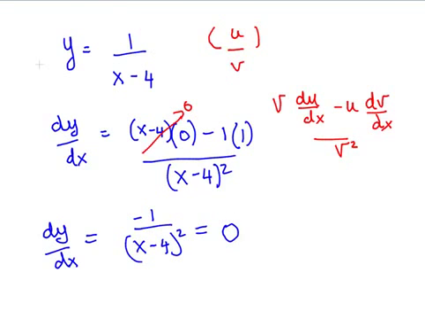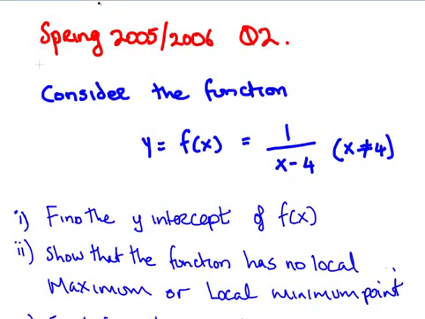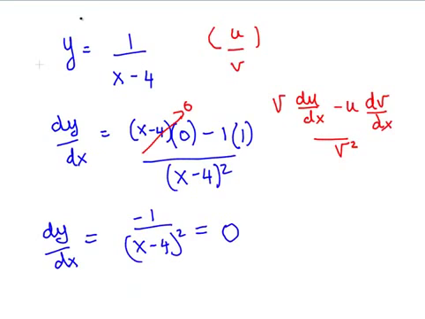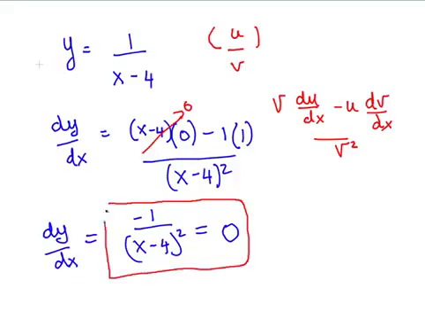The question sort of leads you by saying, show that the function has no local maximum or local minimum point, which is to say this here should be false. By definition, a turning point will follow this equation, but essentially there is no way that that value can equal 0.